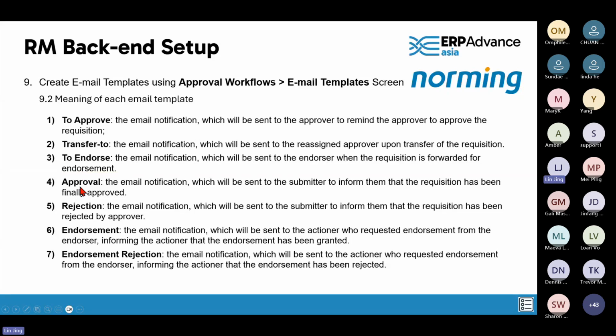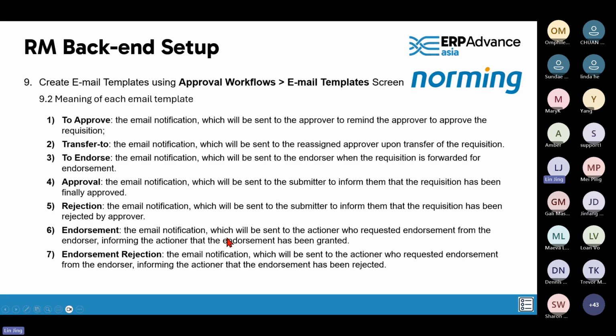Then the approval is when this requisition has been finally approved, the email will be sent to the submitter to inform the submitter, okay, your requisition has been approved. And rejection is when any approver rejects this requisition, then the submitter will be informed.